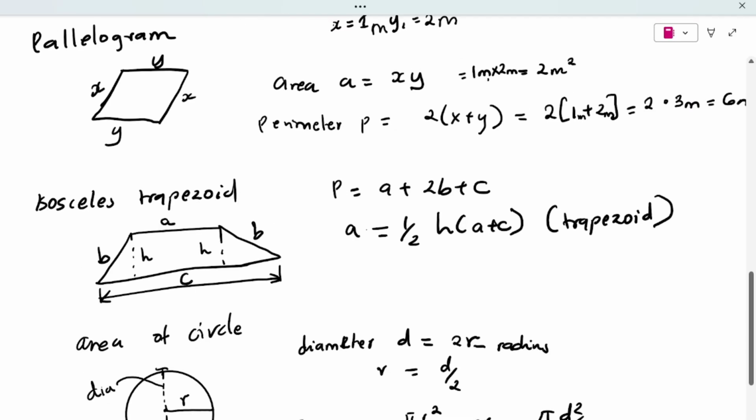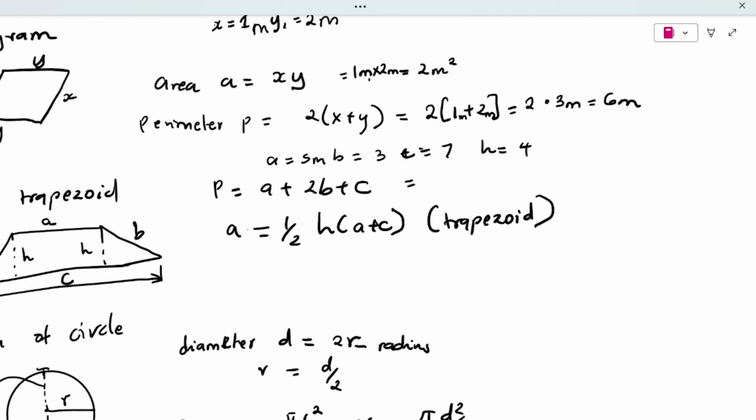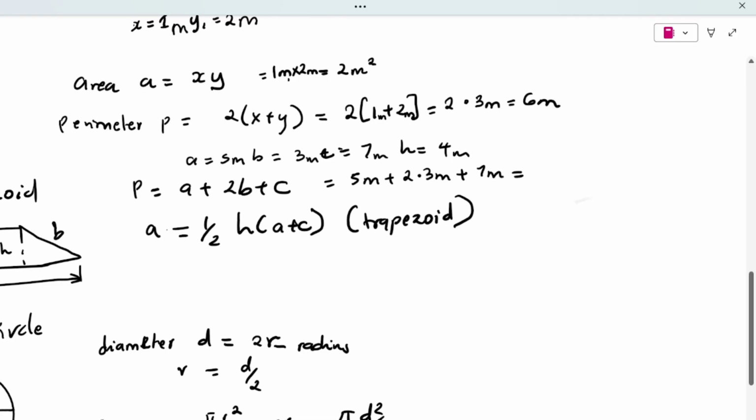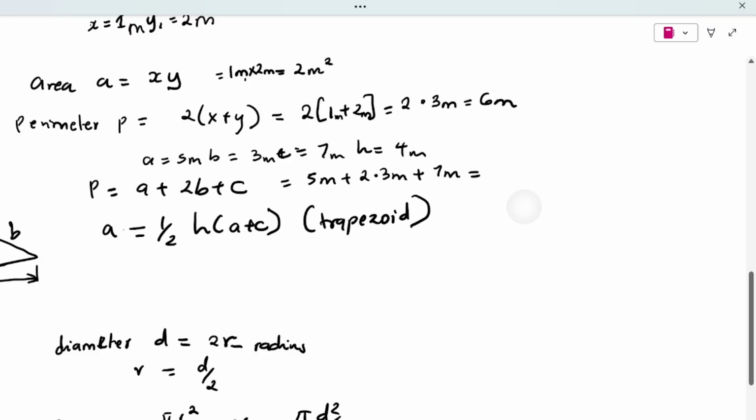For this trapezoid, A is equal to 5, B is equal to 3, C is equal to 7, and H is equal to 4. They are all in meters. So the perimeter is equal to 5 meters plus 2 times 3 meters plus 7 meters. This is 5 plus 6, which is 11. 11 plus 7 is 18 meters.